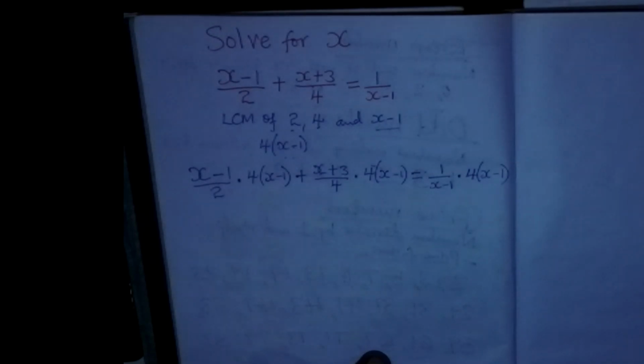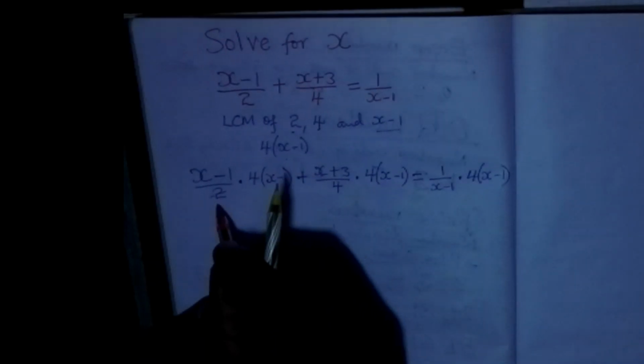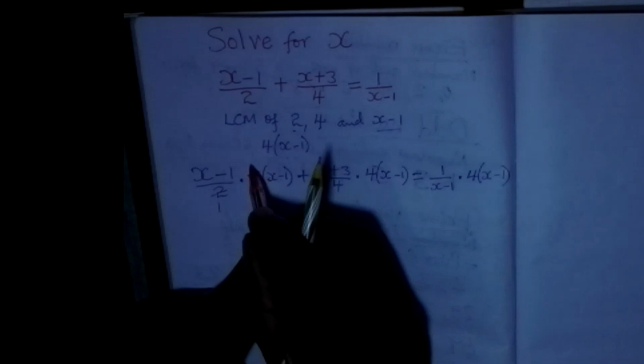and therefore we have values that will cancel out. So by 2 we have 2.